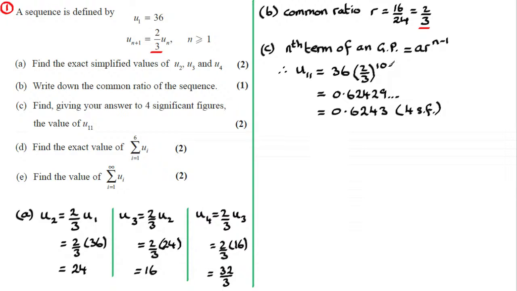Remember, this will be 2/3 to the power 10, the n minus 1. Work that out on your calculator and you should end up with 0.6243 to 4 significant figures. If you got that right, we won't award half marks or anything like that. It's got to be 0.6243, and if you're honest, give yourself 2 marks.